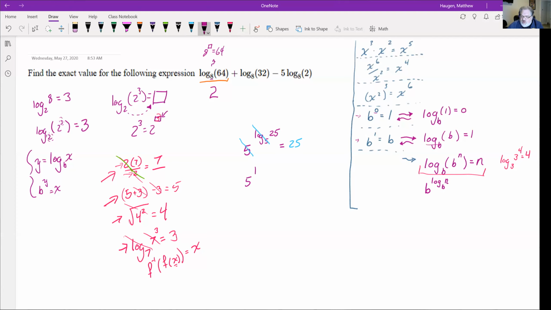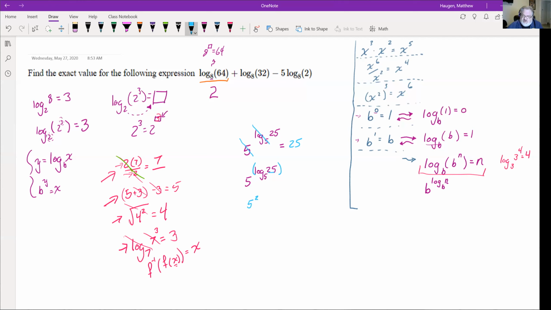But even if we wanted to walk through it, if we isolated log base 5 of 25, again, that asks 5 to what power is 25? What power on a 5 makes 25? 2.